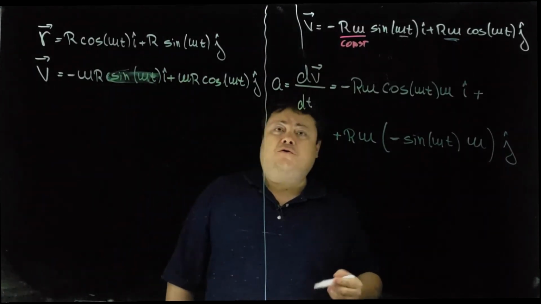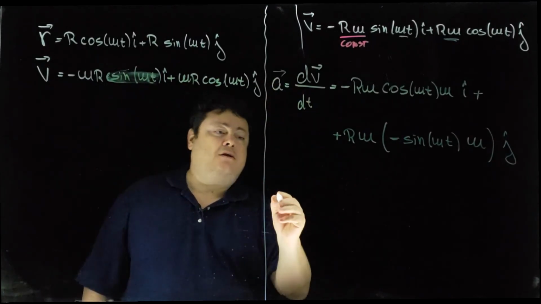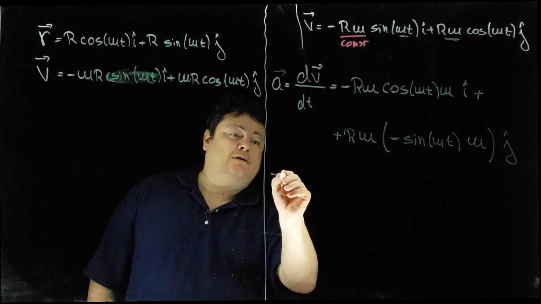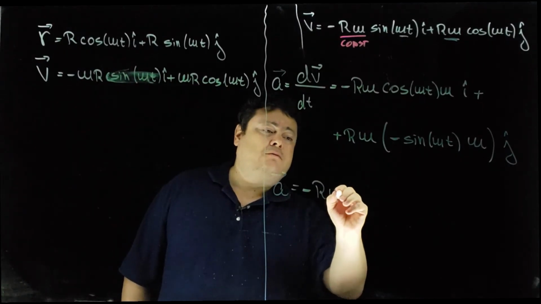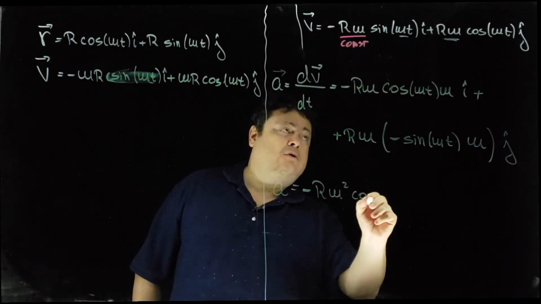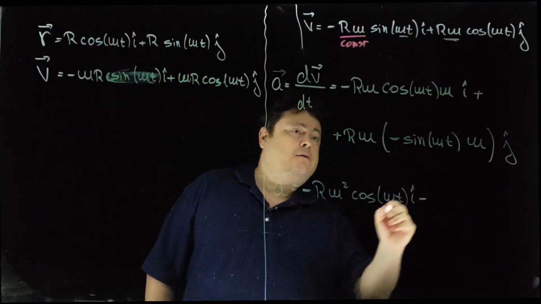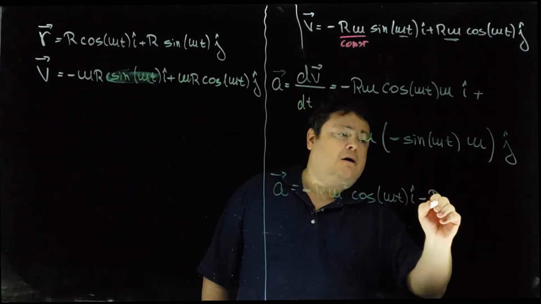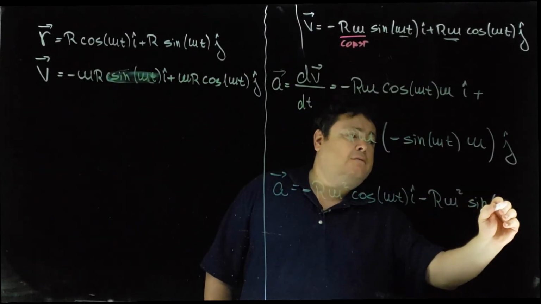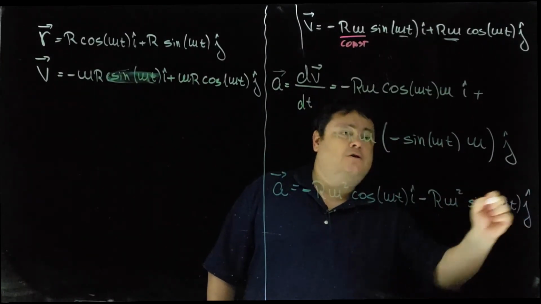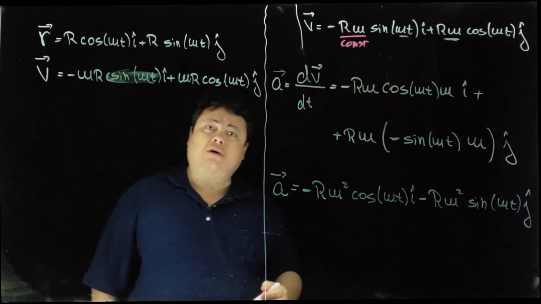Notice that I have here two things I can factor out. Or let me rewrite this way finally. Acceleration then is going to be negative r omega squared cosine omega t i hat minus r omega squared sine omega t j hat. And this I can factor out.